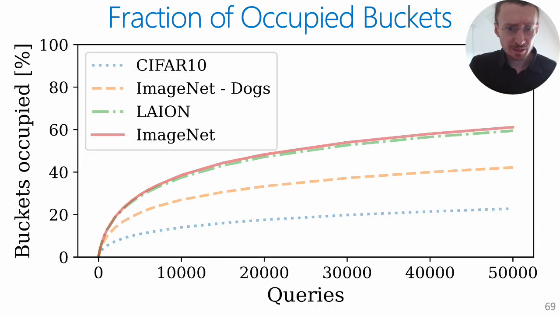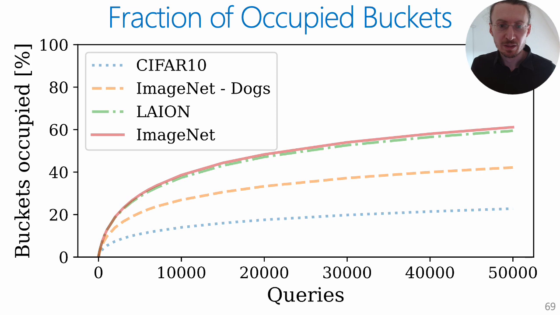In the previous slide, the underlying SSL encoder was trained on the ImageNet dataset. We further show how the complexity of the querying dataset influences the success of the attack. Starting from the dotted blue line for the easiest dataset, here CIFAR10, we see that these queries occupy a relatively small fraction of these buckets.